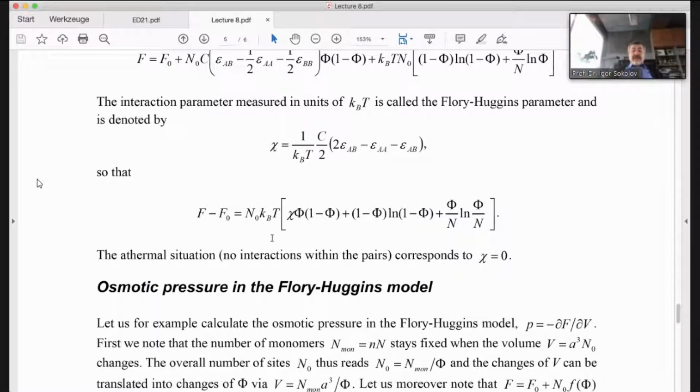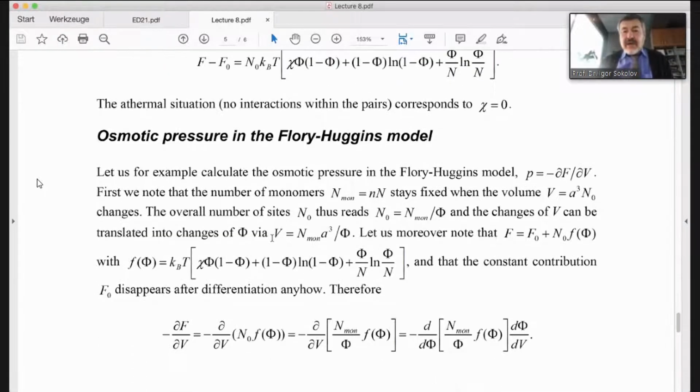And this is essentially easy, but maybe not as easy as it seems. And then you can also calculate the osmotic pressure within the blob model. If you do not succeed in the last exercise of the homework, we will consider it anyhow in the next lecture. Just think about it. And let's go on and let's calculate the osmotic pressure in our system.